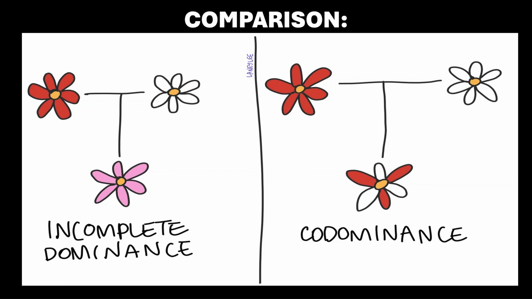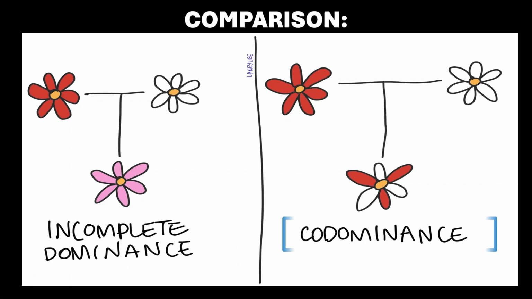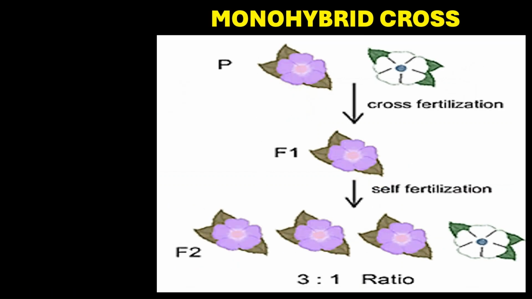So the offspring displays the phenotype of both parents equally. You can see in the phenotype of the offspring, we have three red, three white. Neither is dominant over the other. They are equally dominant. So that is how both of them are rated.